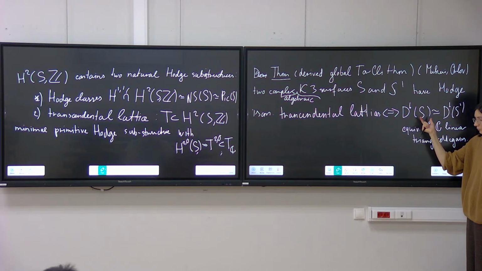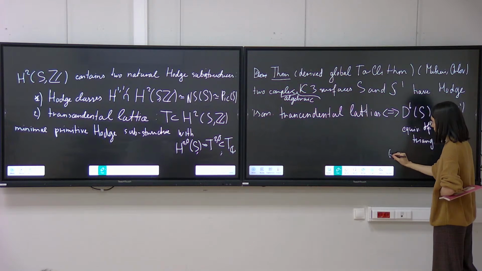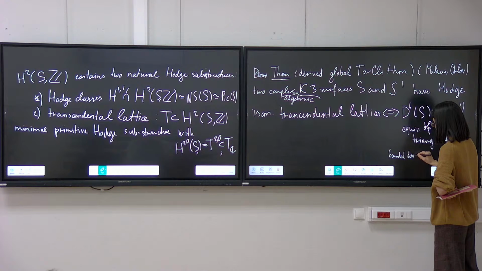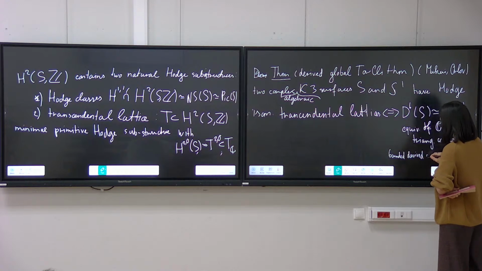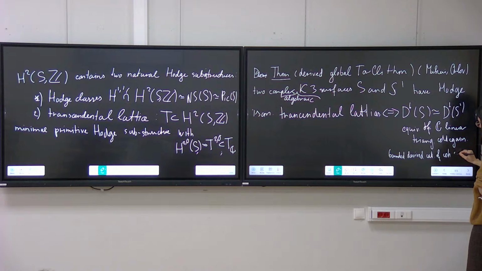First of all, for those who don't know what is the bounded derived category of coherent sheaves, let me just say now that this is an important invariant of an algebraic variety. This is called the bounded derived category of coherent sheaves.